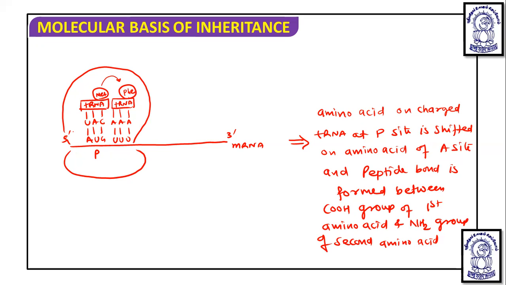Like this, two charged tRNAs are close enough and the peptide bond is formed by shifting here.